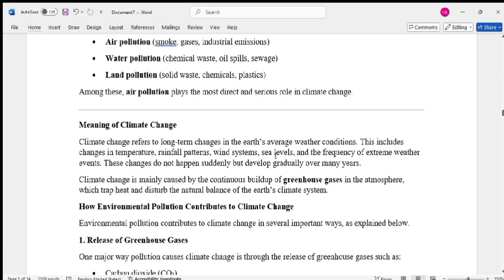Sea level: the reason we have more floods is that the level of the sea is getting high. Why? Because there are no forest trees that will soak those things. And there is the frequency of extreme weather events. There are so many weather events that occur. Heat, rain, cold, you see them coming anyhow all the time. This is due to climate change.